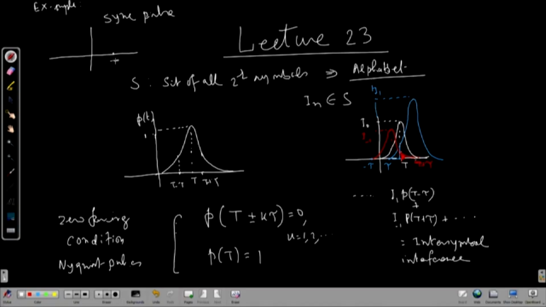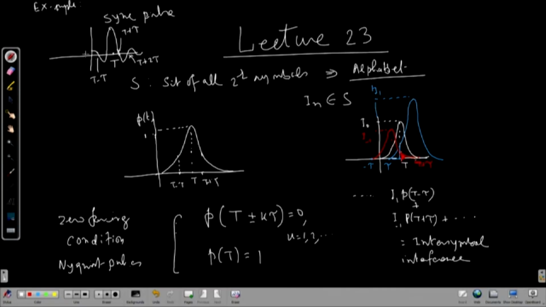So, at capital T, you have a peak, so this point is t plus tau. This point is t plus 2 tau, this point is t minus tau, and like that.